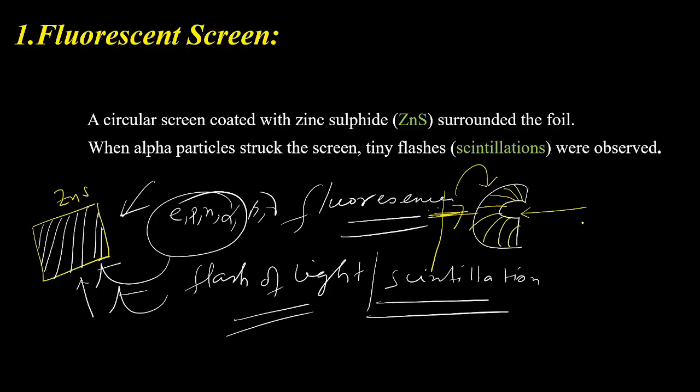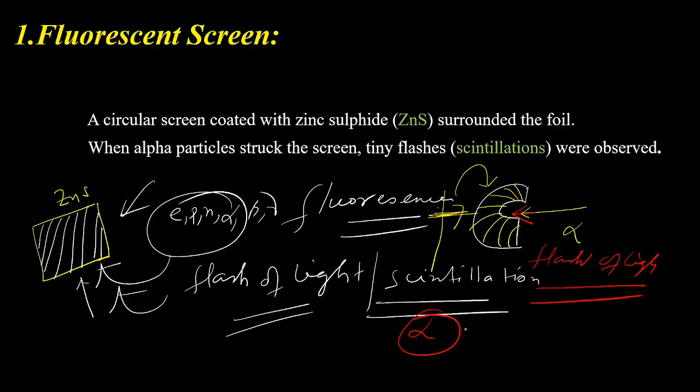So whenever an alpha particle from the radioactive source in his alpha particle scattering experiment came and hit this fluorescent screen, a flash of light or scintillation was observed. From this observation, Rutherford understood the travelling path of the alpha particle.